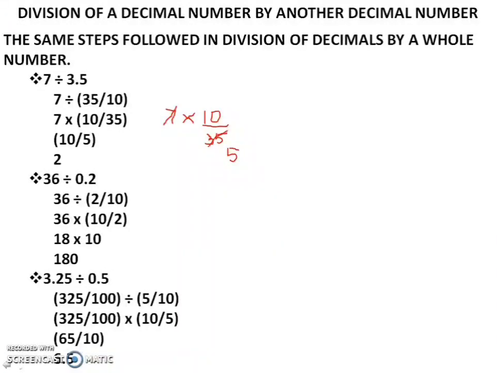Correct? The next problem. 36 divided by 0.2. The same thing happens here also. 0.2 can be written as 2 by 10. So I will multiply by the reciprocal of 2 by 10.